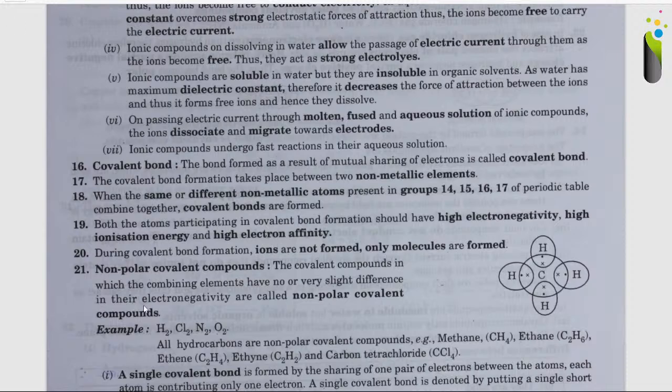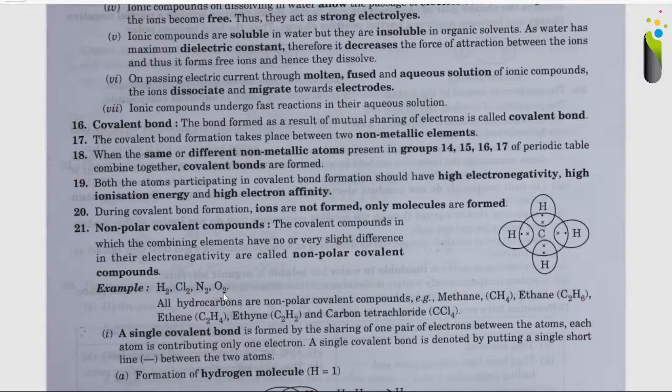Now, coming to the next, non-polar covalent compounds. The covalent compounds in which the combining elements have no or very slight difference in their electronegativity are called non-polar covalent compounds. For example, hydrogen, chlorine, nitrogen, oxygen.